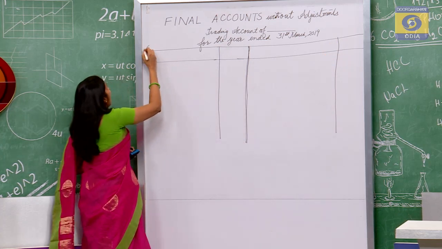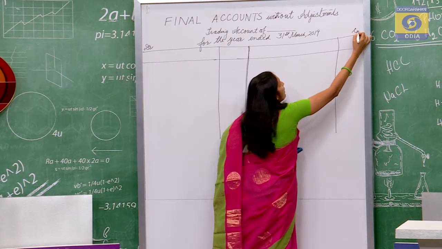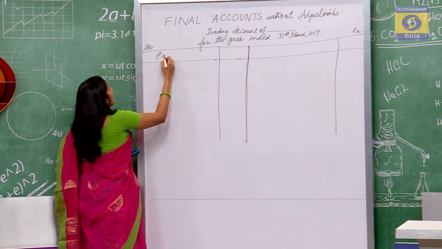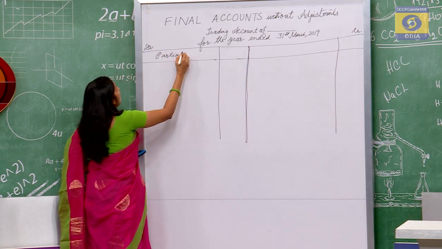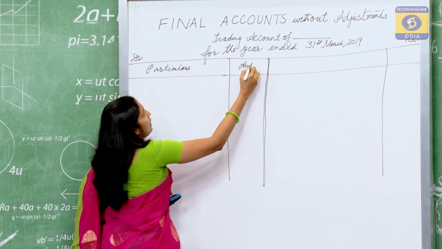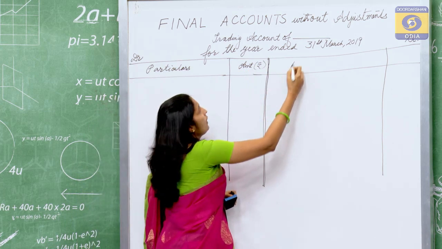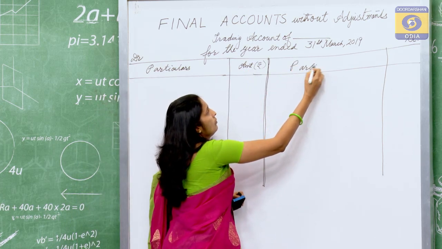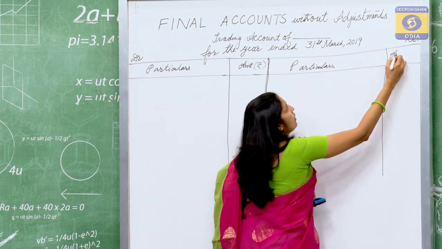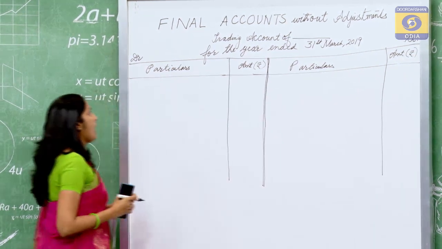This side we have is the debit side, and the right hand side we have the credit side. The first column is the particulars column. Then we have the amount column, amount in terms of rupees. Then we have again the particulars column, and then we have the amount in rupees. So, now let us get started.